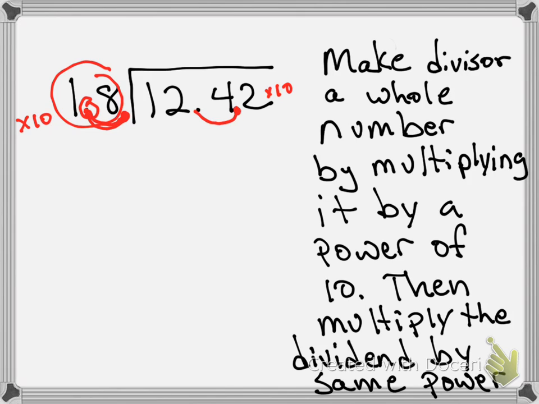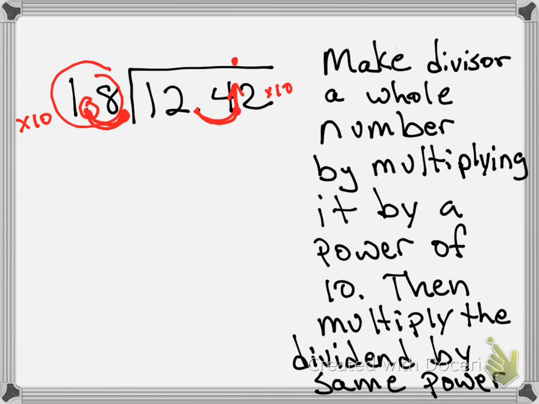But that's just the why. We don't have to necessarily physically do 1.8 times 10 and 12.42 times 10. I'm going to bring the decimal up into my answer here. And so now I have 18 as my divisor, and then I have 124.2 as my dividend.